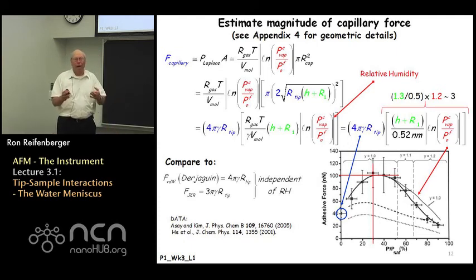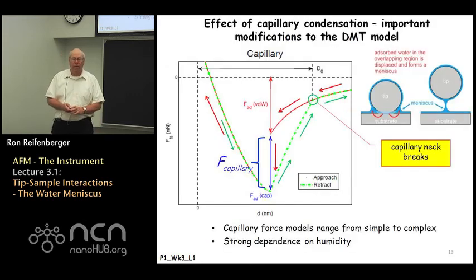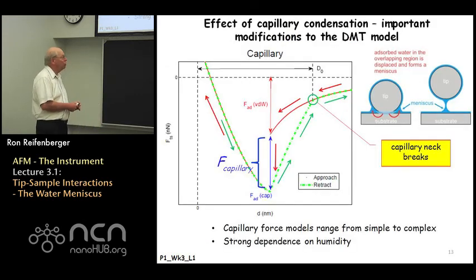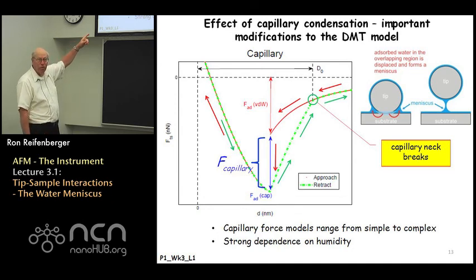So this simple model allows you to capture the fundamental aspects of additional adhesion due to the water meniscus. It gives you some insight into what that additional adhesive force is all about. And it just means that when you do experiments, there's going to be an additional liftoff force that you're going to have to supply to remove the tip from the substrate.